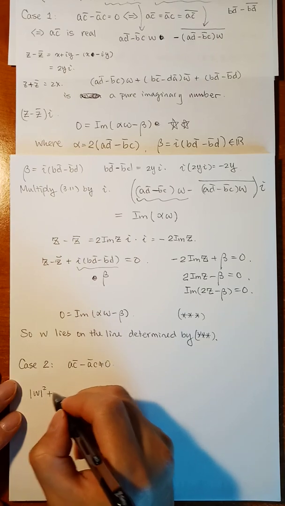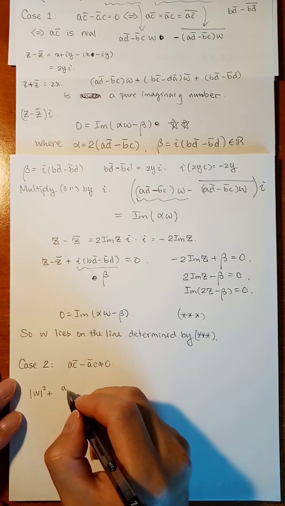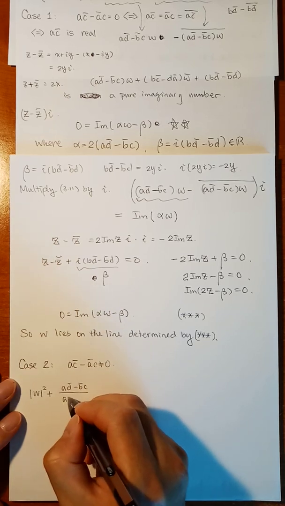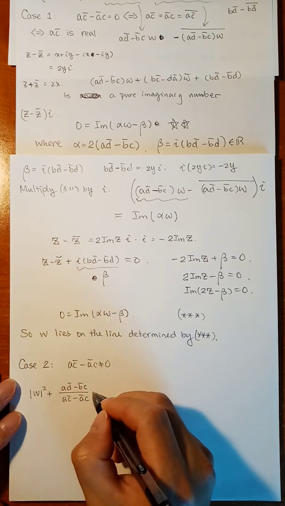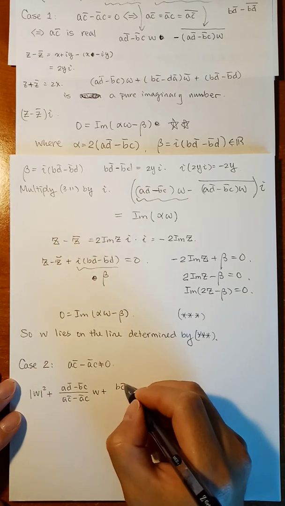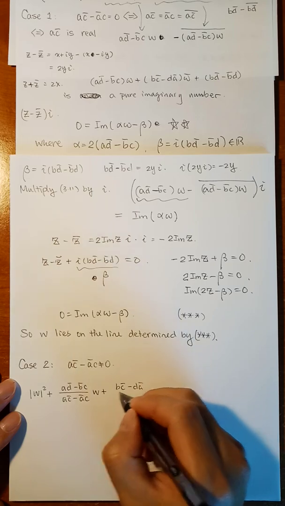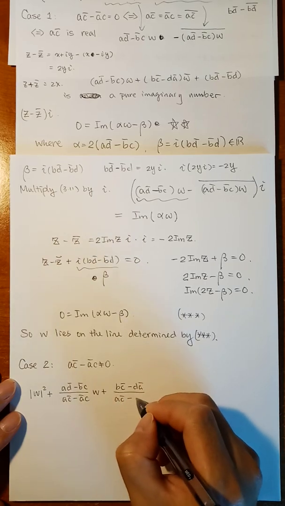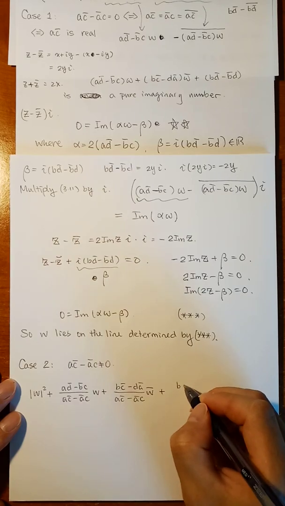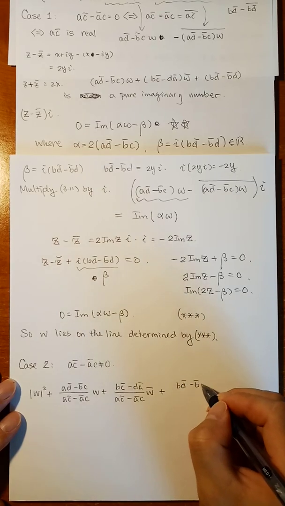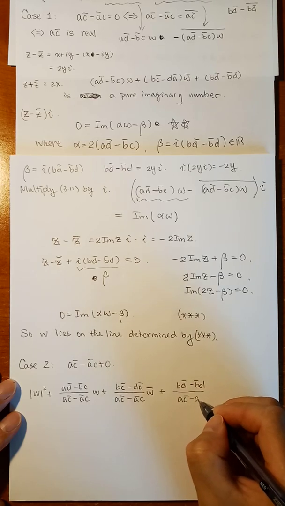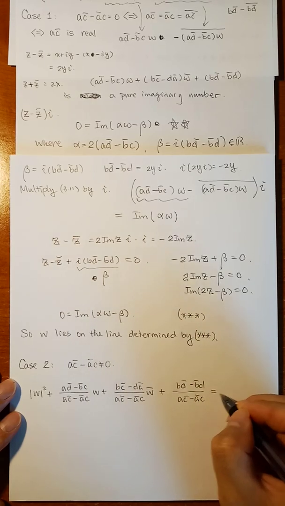So we have (AD bar minus B bar C) over (AC bar minus A bar C) W, plus (BC bar minus DA bar) over (AC bar minus A bar C) W bar, plus (BD bar minus B bar D) over (AC bar minus A bar C) equal to 0.